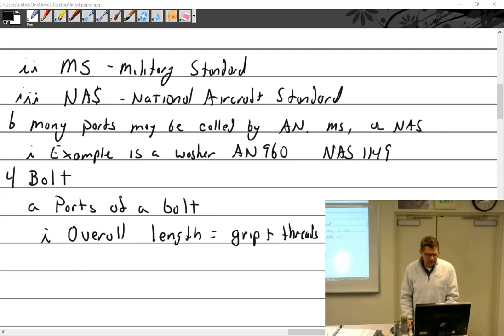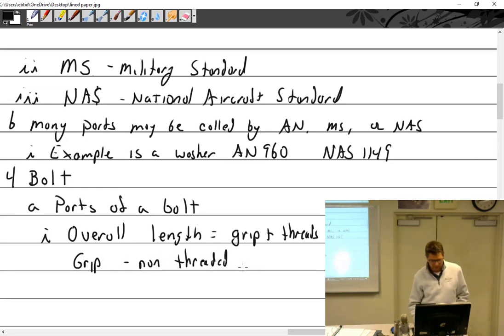Okay, so the overall length of a bolt is grip plus threads. The grip is the non-threaded portion. And that would mean that the threads are the threaded portion.